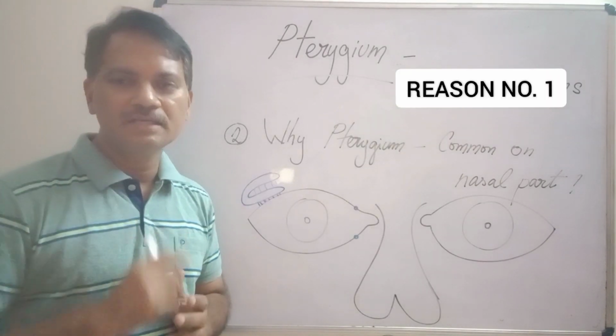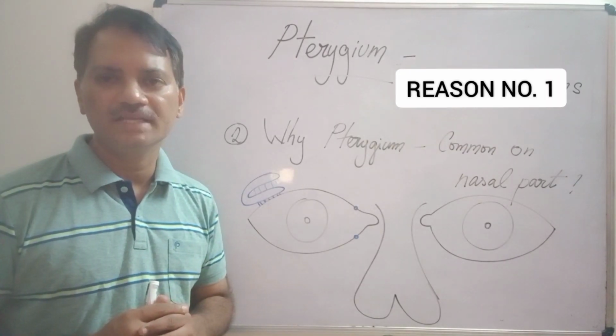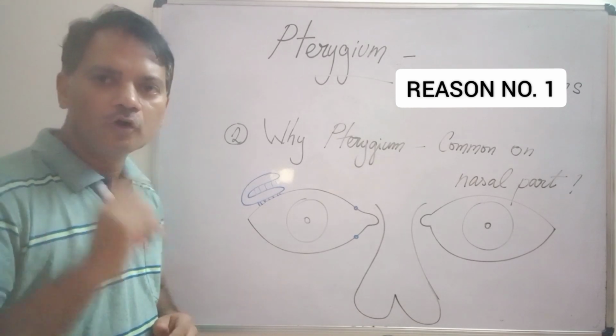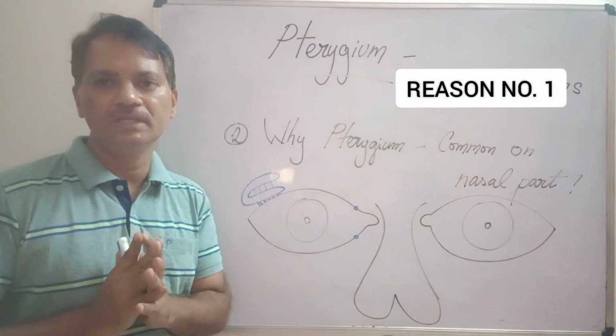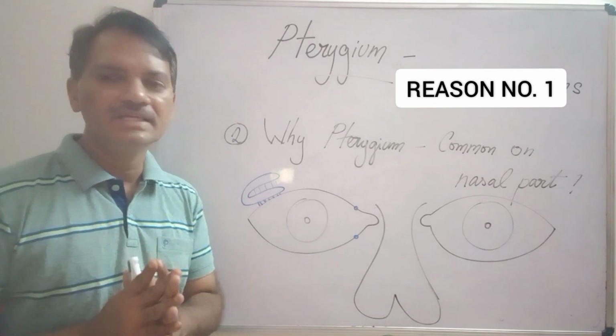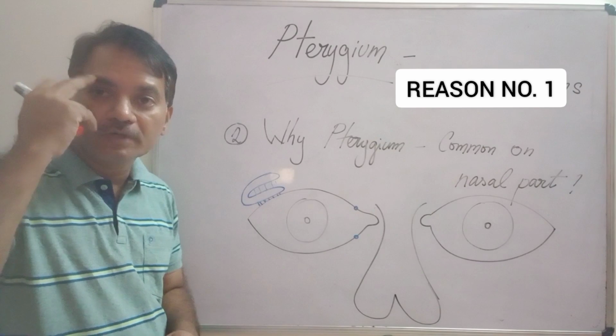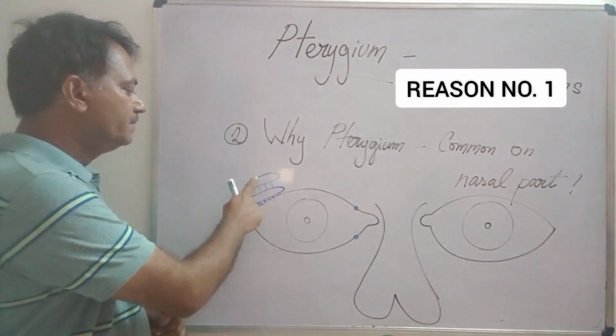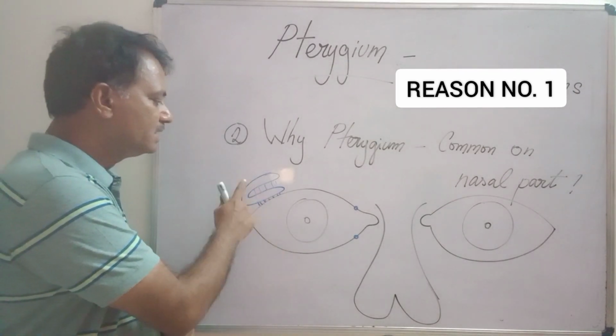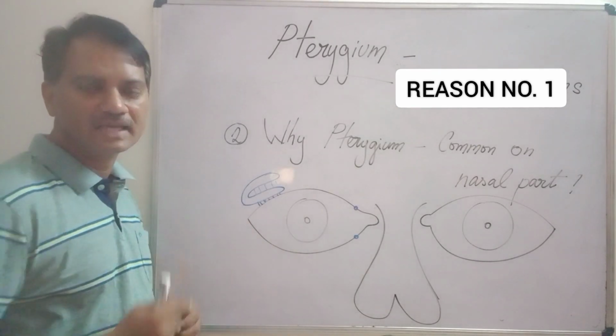The first reason why the pterygium is common on the nasal aspect is, we all know that the major portion of the tear fluid is secreted by the lacrimal gland, which is on the supratemporal aspect. From here only the tear fluid is secreted into the conjunctival sac.